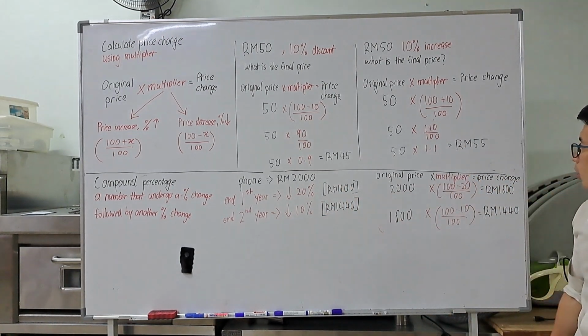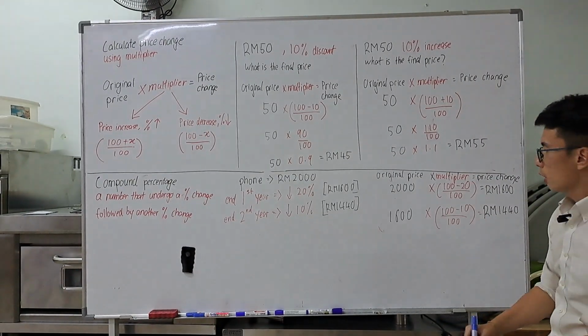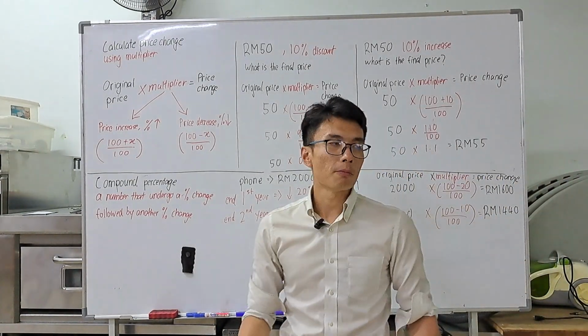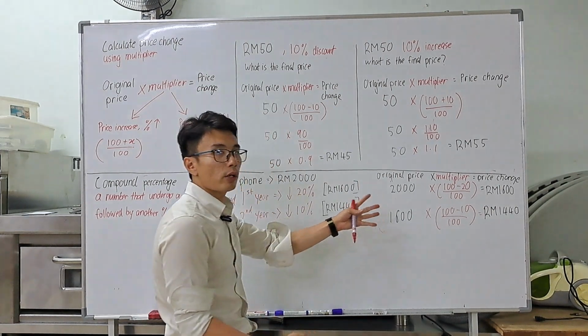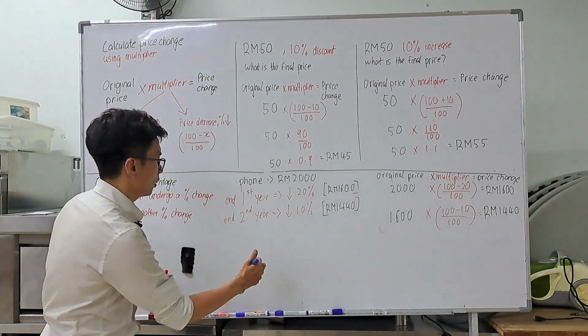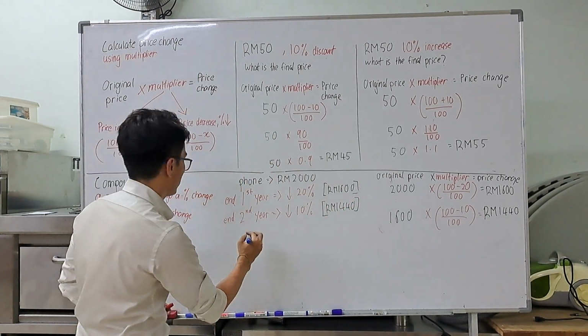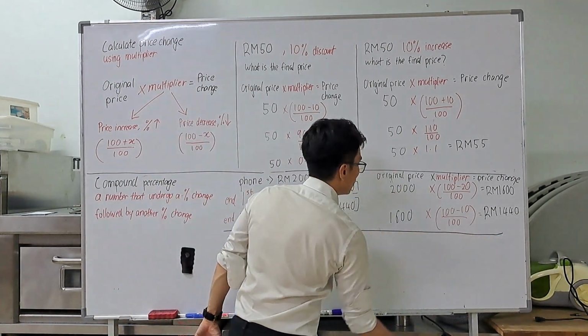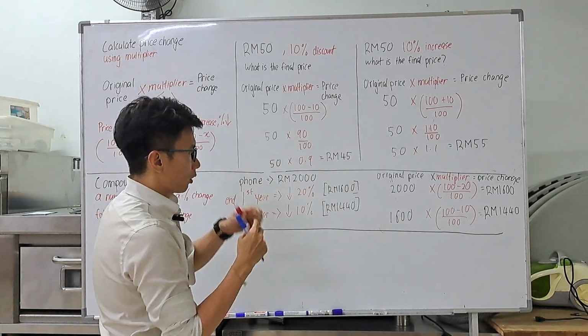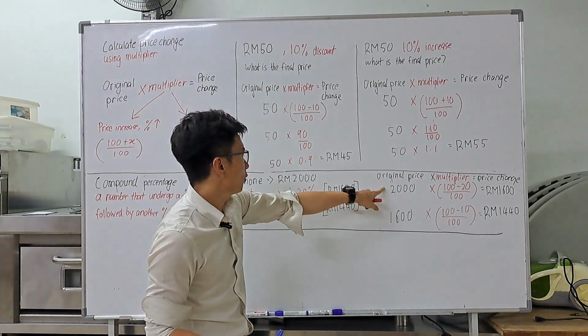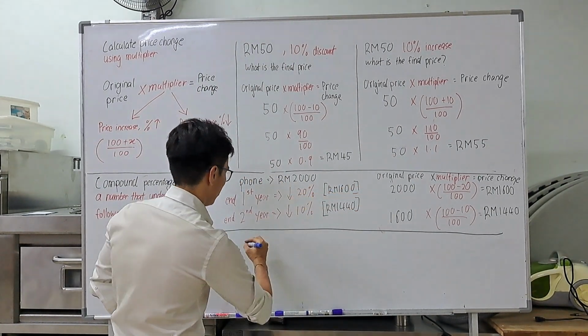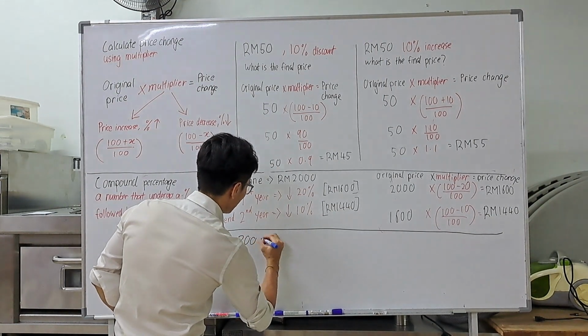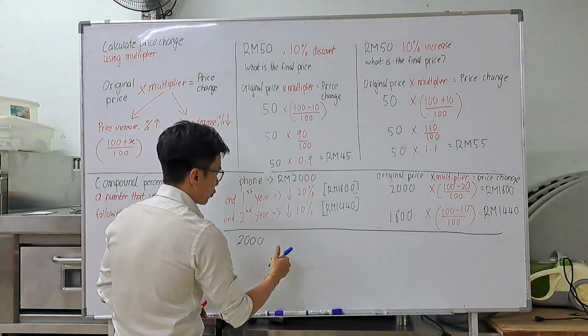Now that's the working step. But you might be wondering, is there a faster or more convenient way to do this? Let me write this down. Take a look at this. My original value here is 2000, and in the first year it reduced by 20%.